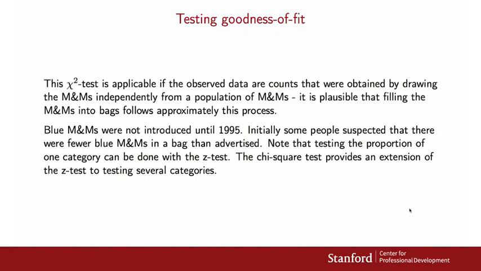In the beginning, some people suspected that there were fewer blue M&Ms in the bag than advertised. Of course, we can also test that. This is a case which we looked at before, because if we are just interested in one category, then we can simply use a z-test. So the chi-square test is in a sense a generalization of the z-test if you want to examine several categories.